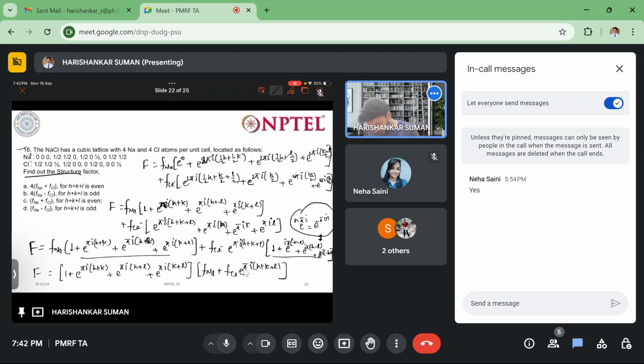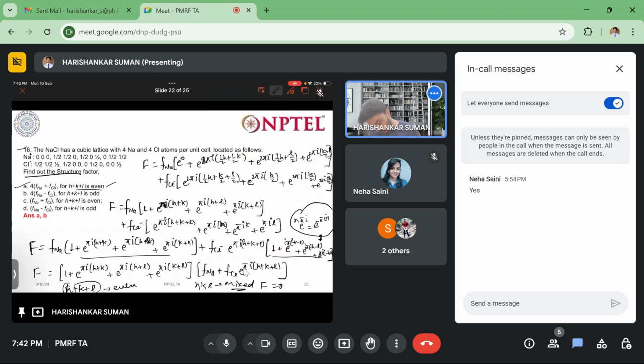So if we take HKL mixed, then F will be 0. If H plus K plus L is even, then we will get this number.